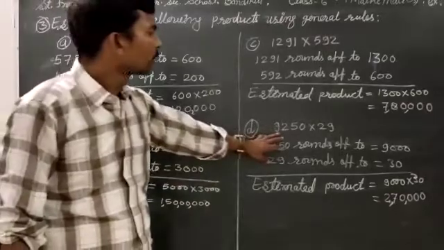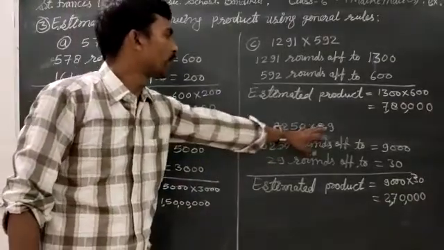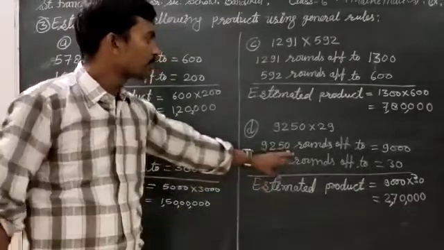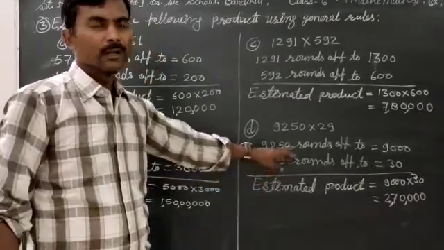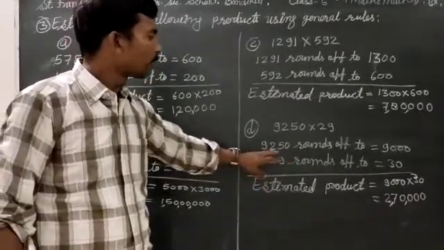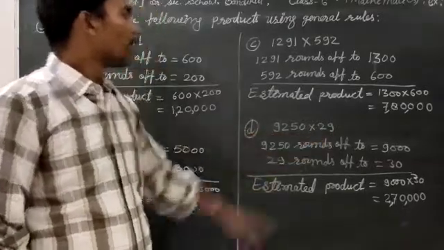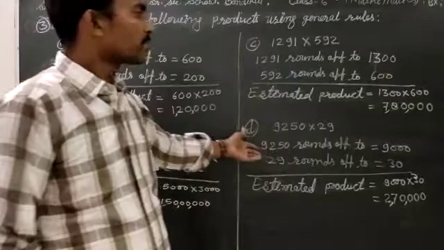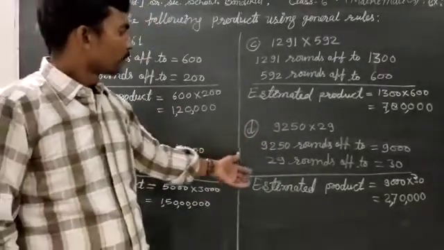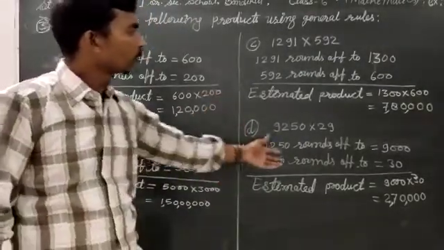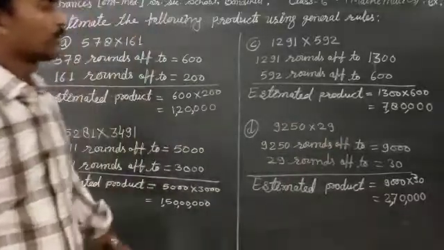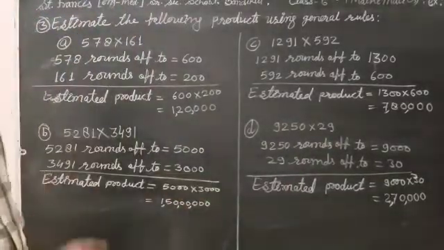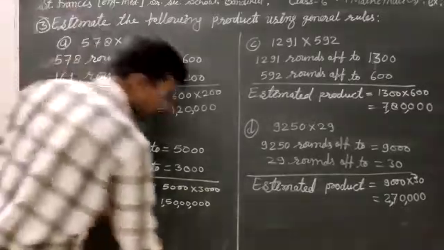In this question, 9,250 into 29, the estimate according to the question is given as 10,000. So it is contradictory. According to general rules, this will be correct: 2,70,000. This completes exercise 1.3.